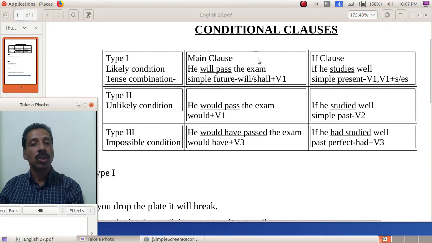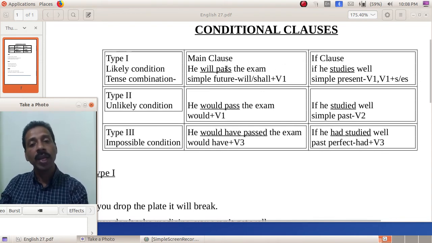The action that will really happen is the person will pass the examination or get good marks, but for that there is a condition, that the person studies well. So for passing the examination or for getting a good result, the condition is that the person studies well.